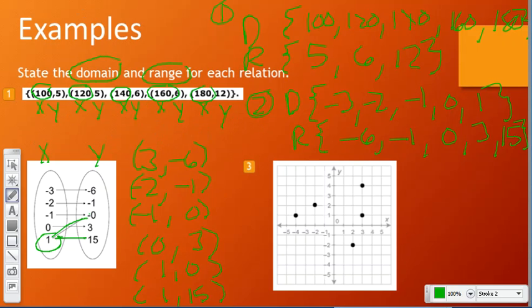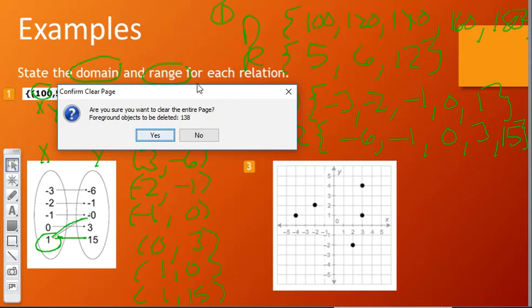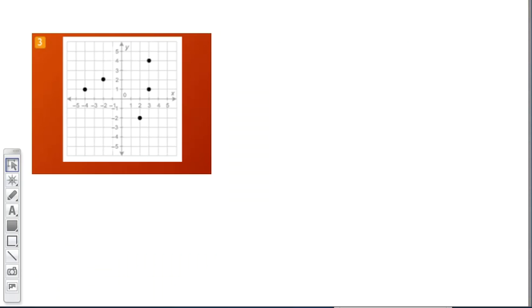Let's go ahead and look at number 3. I'm going to snip this and put it on another page so we have some more space. For number 3, we need to do the domain and range for this relation. So let's list the ordered pairs for each of these points. Right here we have negative 4, 1. So to the left 4 and up 1.